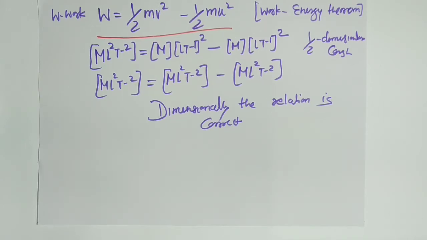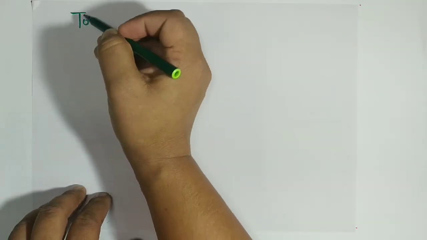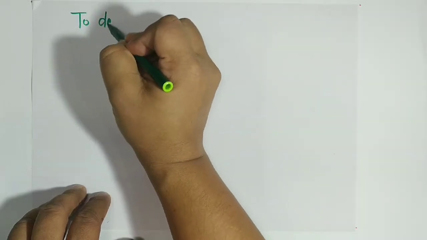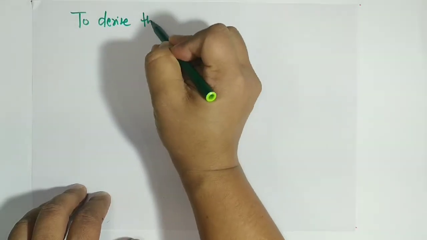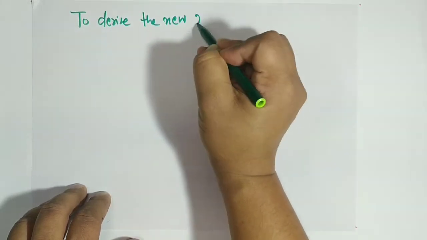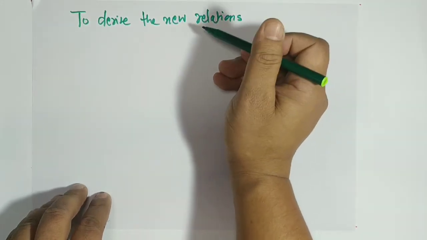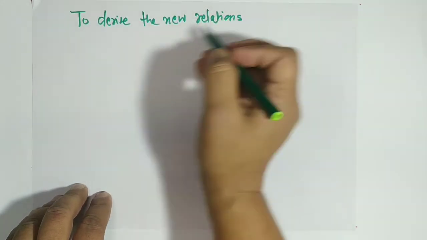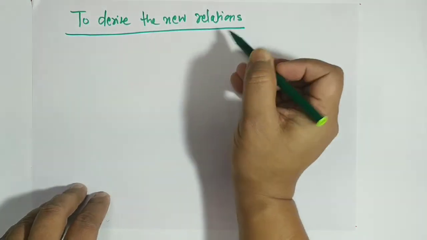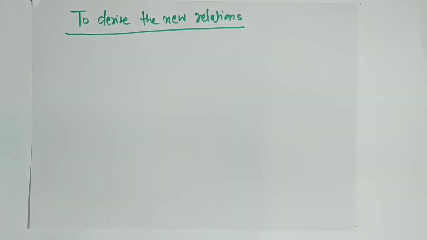Now the next application. Now second application is to derive the new relations, or to derive any formula, deducing relation among the physical quantity. We can say we can derive the expression, relation, formula, okay?